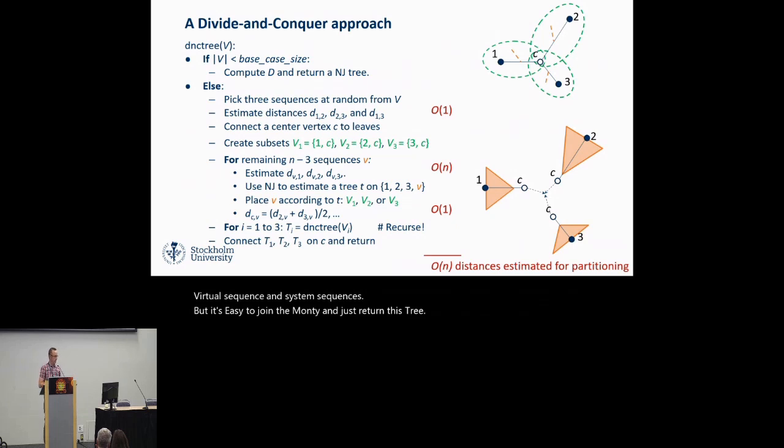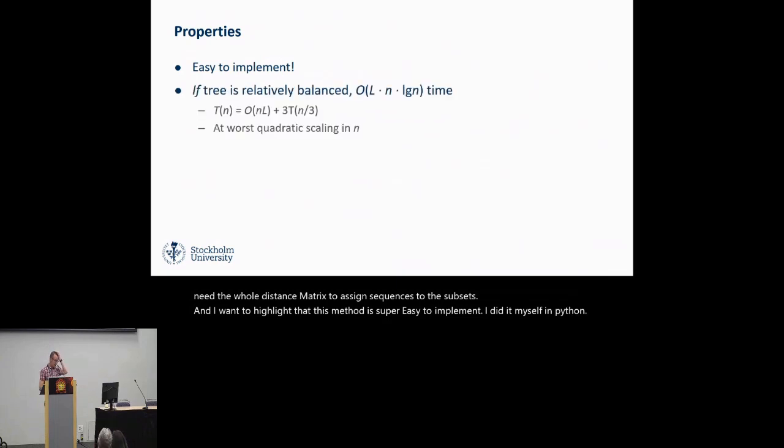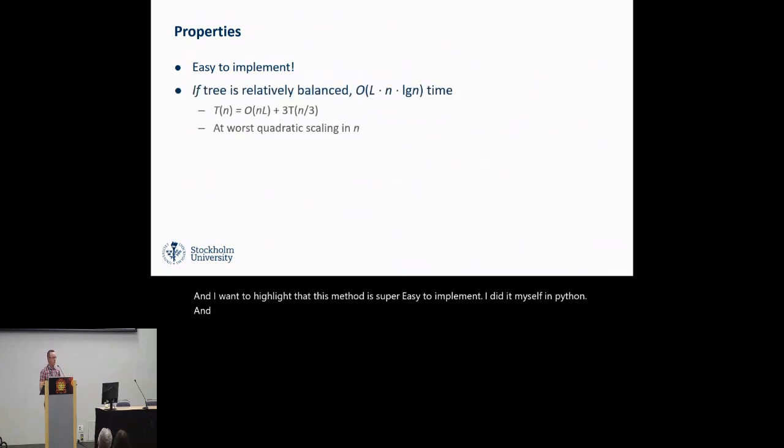What makes this good is that we have only O(n) distances inferred here. We do not need the whole distance matrix to assign sequences to these subsets. And I want to highlight that this method is super easy to implement. I did it myself in Python. Occasionally, the experience is that this behaves like n log n time if the tree is relatively balanced, which it is most of the time.